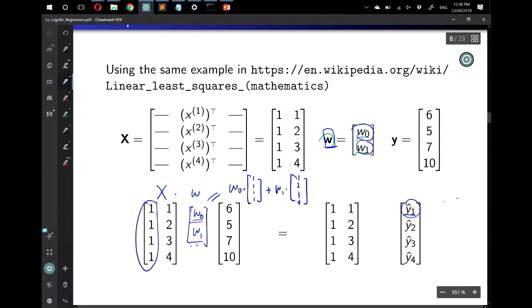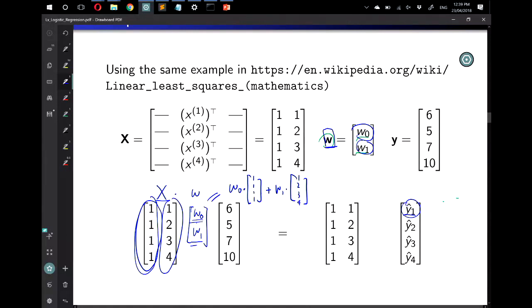So the relative weight of the components is specified by W0 and W1. What you are doing is taking the first column of this matrix X and the second column, and trying some kind of linear combination. That's a very fundamental view, because essentially W is the variable.